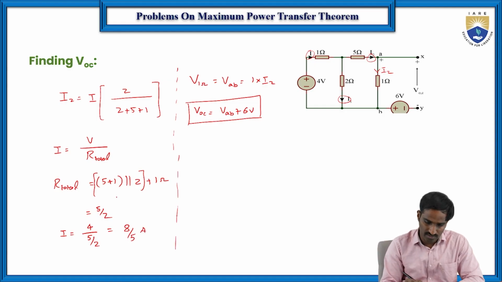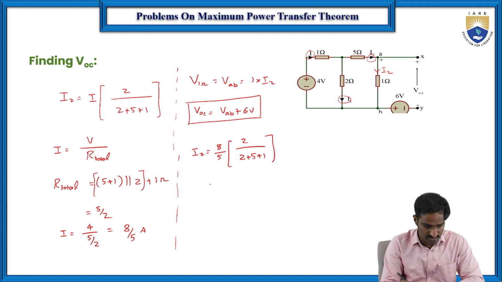Then substitute this I value, so that I2 is equal to 8 by 5 into 2 by 2 plus 5 plus 1. Then you will get the value of I2, which is 2 by 5 amperes.